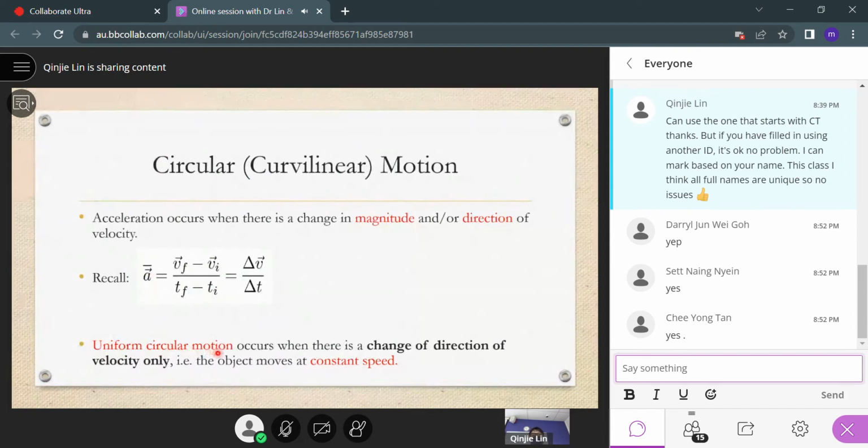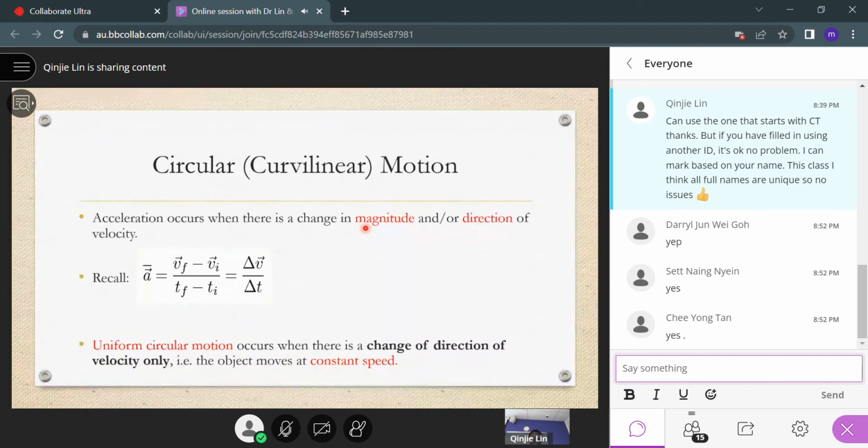And uniform circular motion occurs when there is a change of direction of velocity only. The object moves at constant speed. So when we talk about uniform circular motion, we are talking about an object traveling in circles, but the object is not speeding up or slowing down.